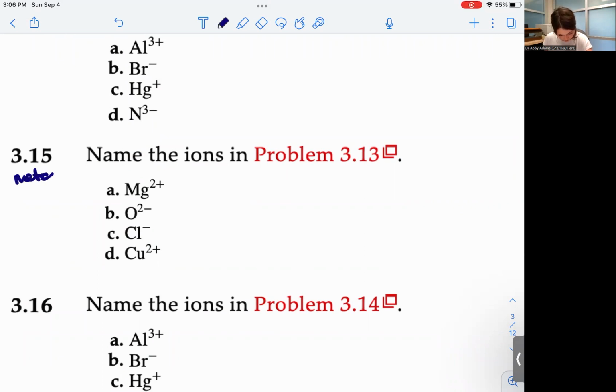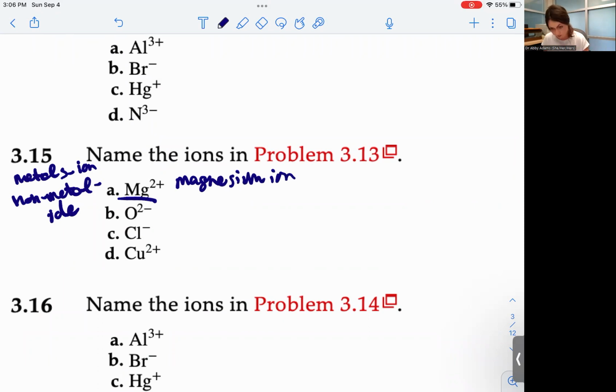If they're metal, you're going to say ion. If they're nonmetal, you're going to say ide. So magnesium is a metal here, so we're just going to say magnesium ion.